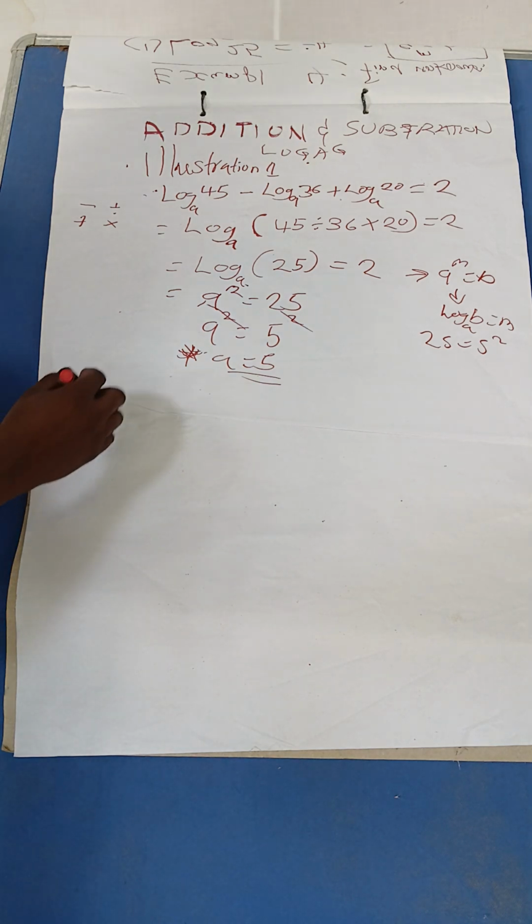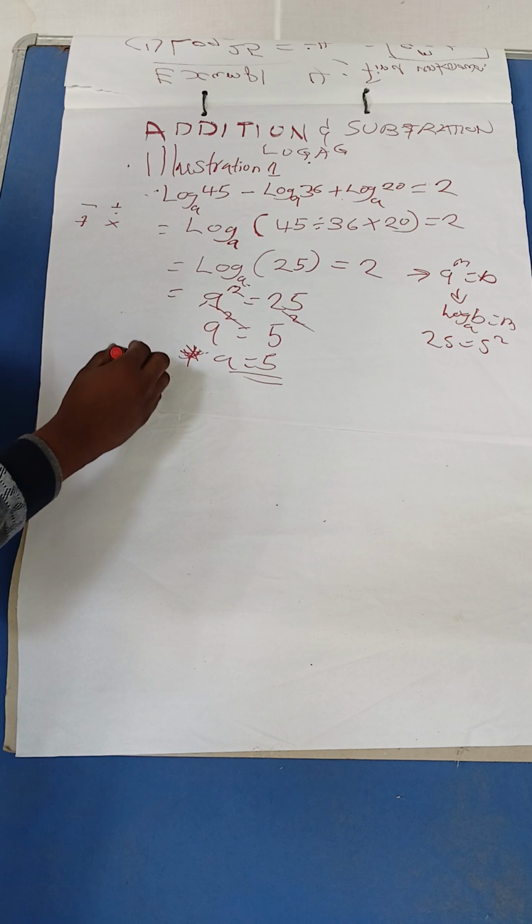Good. Let's get another one at least so that we can enhance our understanding more. What about if the unknown is in between the figures? Now, let's do this one. It's a nice one, very easy.